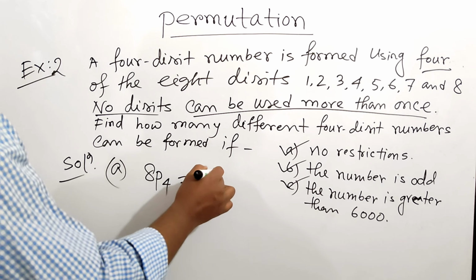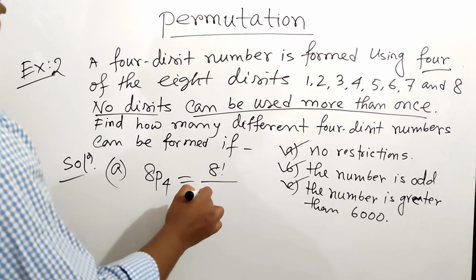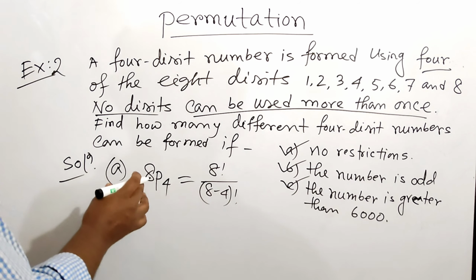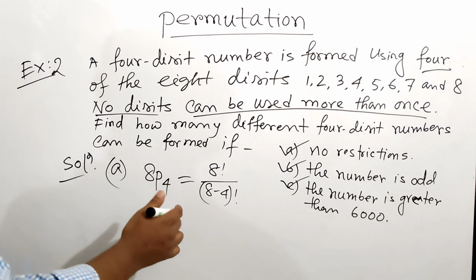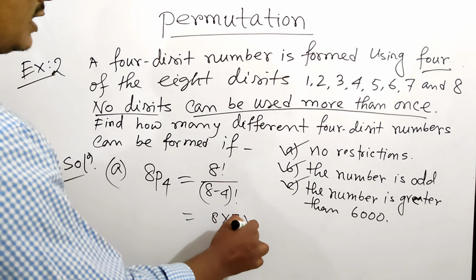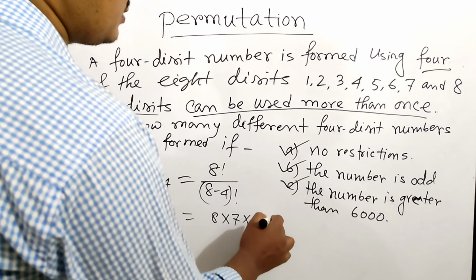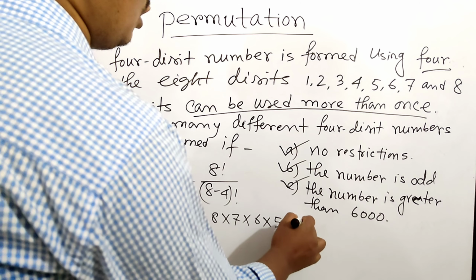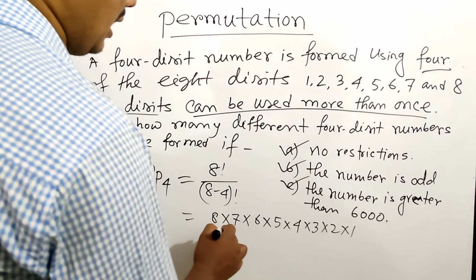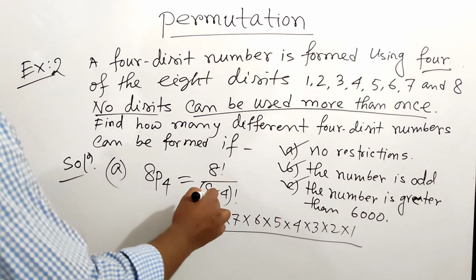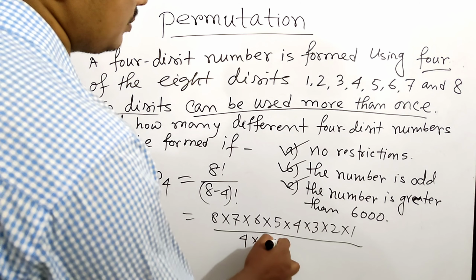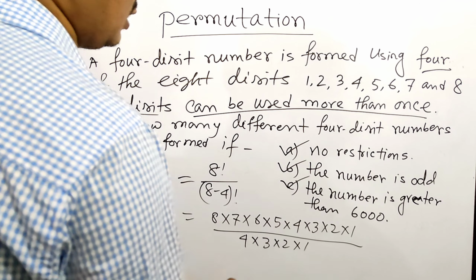Here it should be 8 factorial divided by (8 minus 4) factorial, or you can use your calculator and find the answer directly. 8 factorial means 8 times 7 times 6 times 5 times 4 times 3 times 2 times 1, and 8 minus 4 is 4 factorial, that means 4 times 3 times 2 times 1.